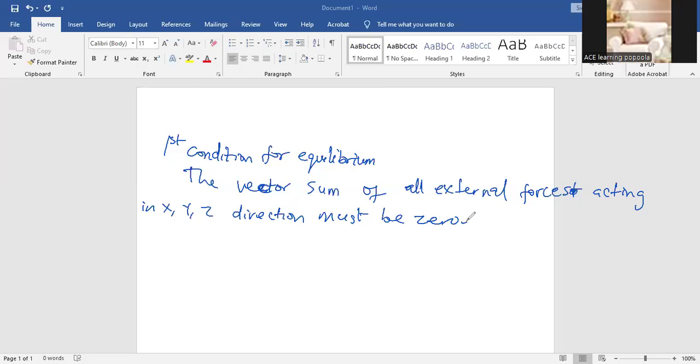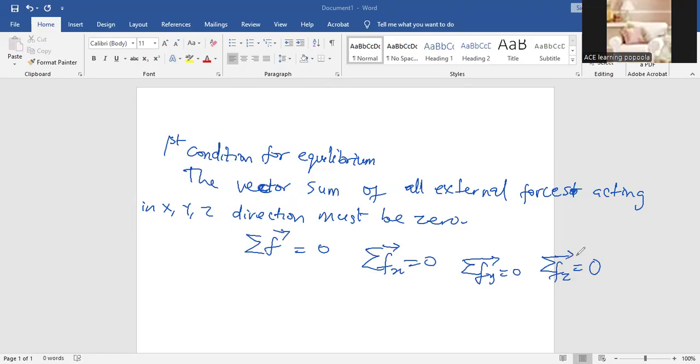Full stop. So this is the first condition, and writing it out, the summation of F equals 0. That is breaking it down in the X direction: summation of F in X equals 0. Summation of F in Y direction equals 0. And the summation of F in Z direction equals 0 as well.